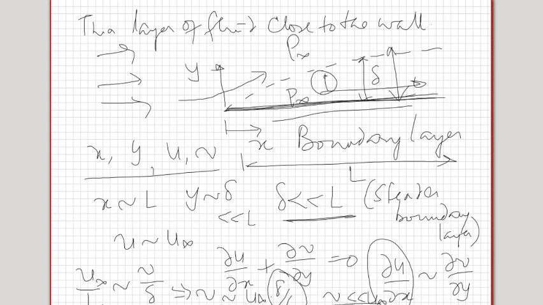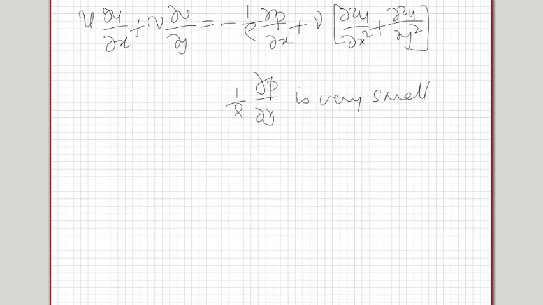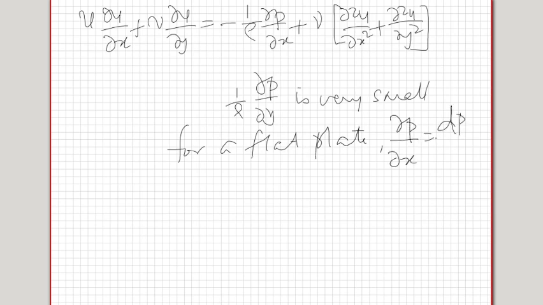So P is equal to P infinity, and therefore del P by del x is also 0. So for a flat plate, del P by del x, which is actually equal to dP by dx now, because y variation is negligible, is equal to 0 because P is equal to P infinity.